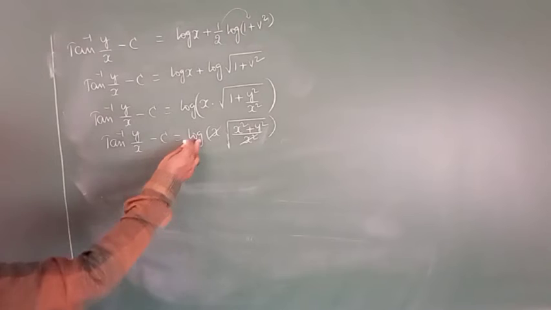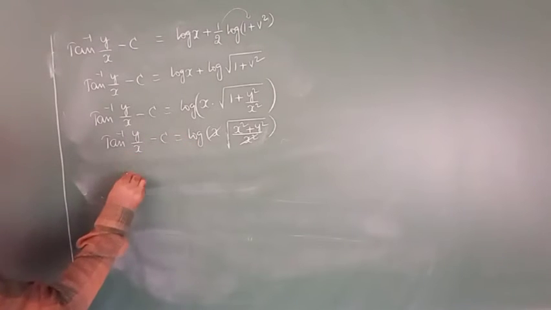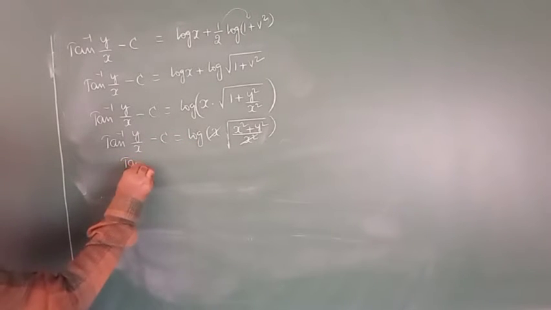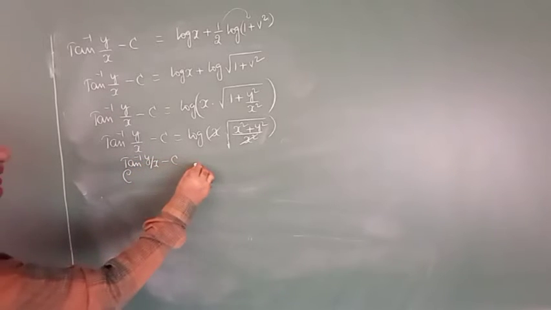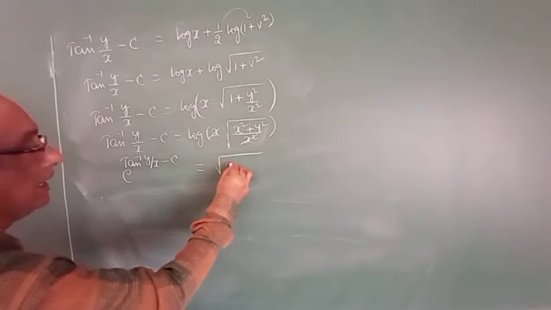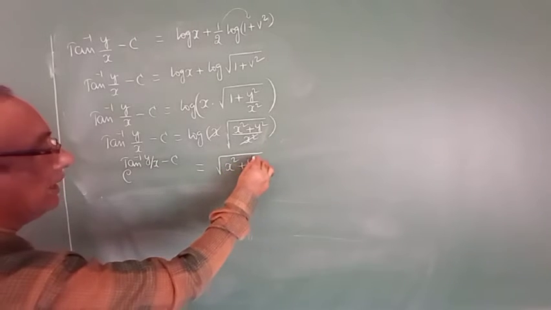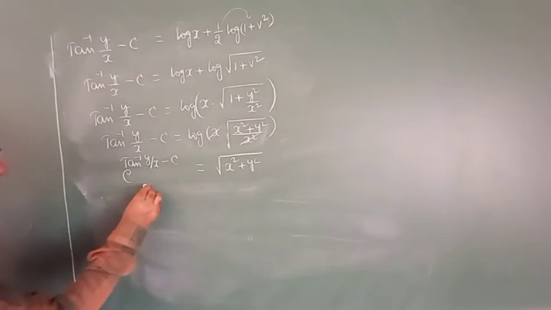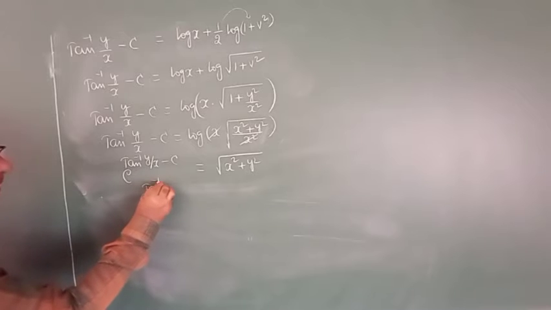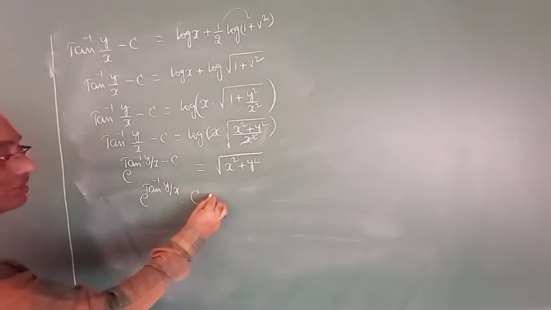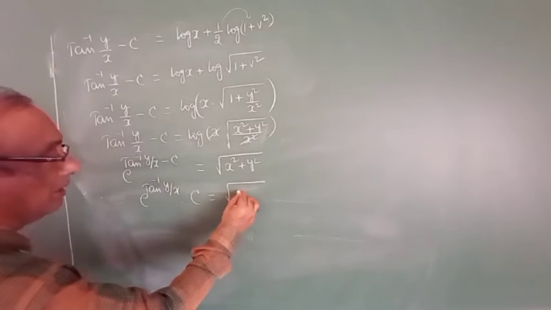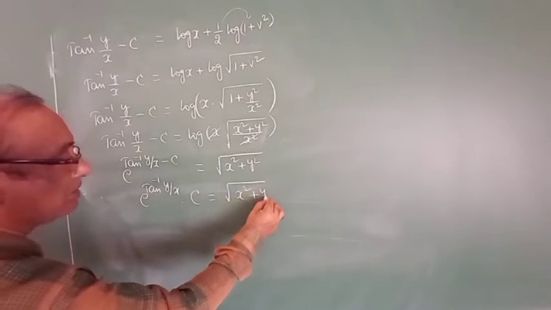Textbook answer: now take e power of both sides. e power of tan inverse of y by x minus c is equal to root over x square plus y square. This is e power of tan inverse of y by x, e power of minus c, the constant c, into root over x square plus y square.